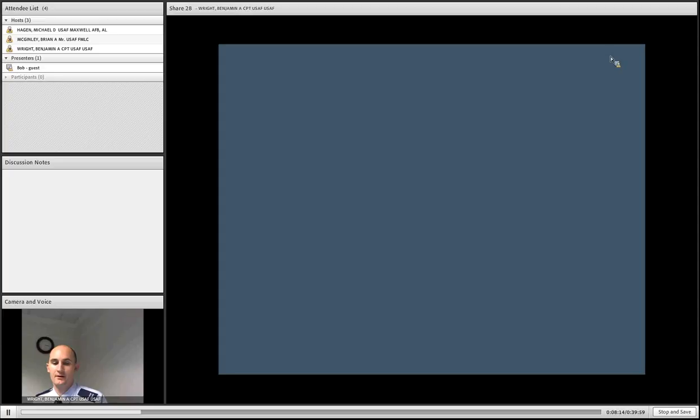Process, inputting information. The correct options or incorrect options. It also evaluates them, but it also teaches, as you're speaking, I guess.